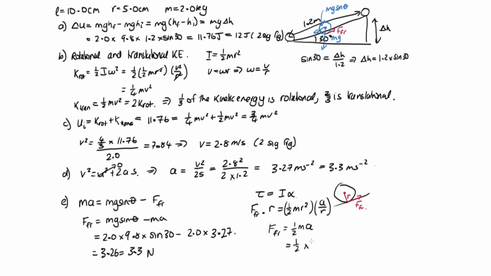So we've got a half times 2 times a, which was 3.27. So that's just 3.27, which we can write as 3.3 newtons. So these two methods gave exactly the same answer, which is good. So that was a way to check that our answer was actually correct.